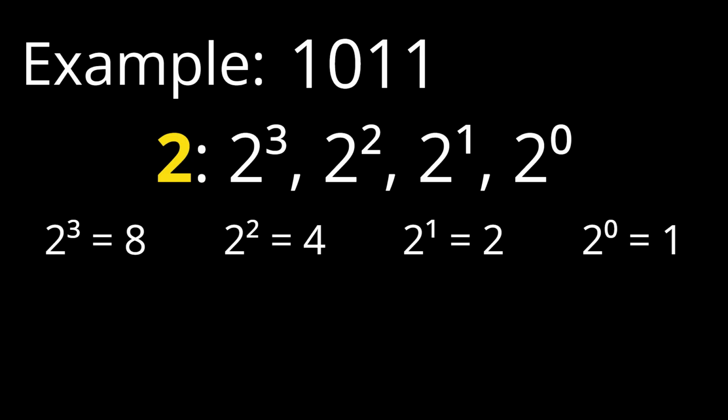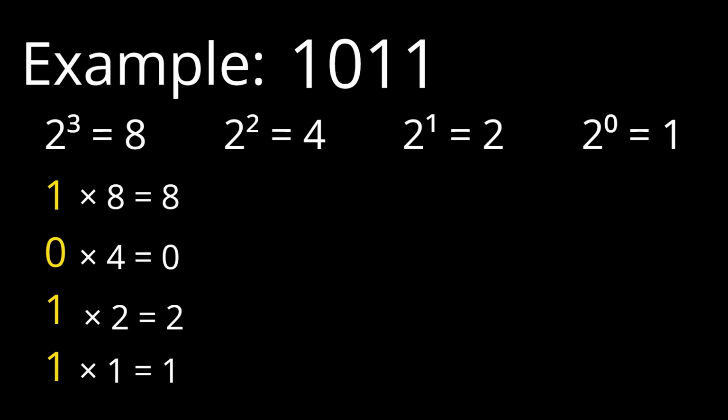2 to the 0 power will be 1. 2 to the first power will be 2. 2 to the second power will be 4. And 2 to the third power will be 8. Now, knowing what the powers of 2 are, we need to multiply the binary number 1011 with the values of the powers of 2.